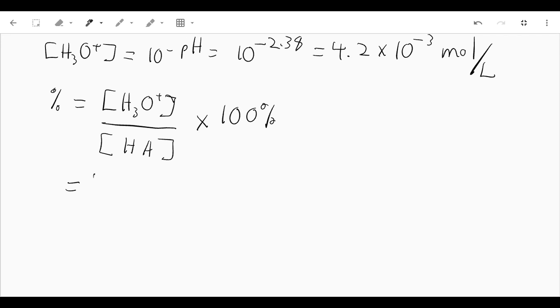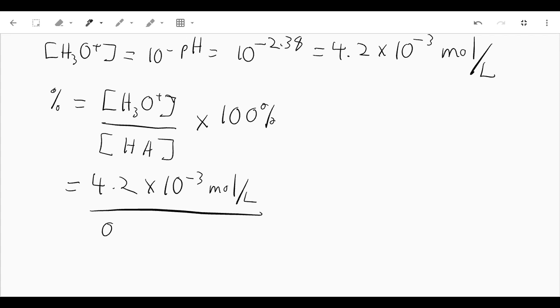So we have 4.2 times 10 to the negative 3 over 0.10 moles per liter. And multiply that by 100%.